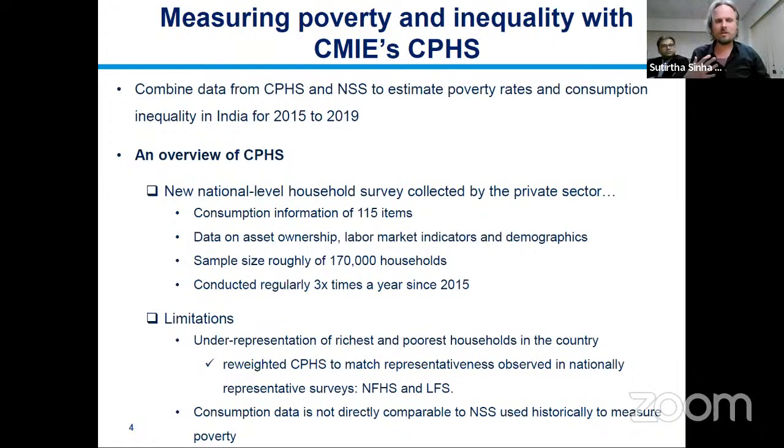And that means that without making necessary adjustments, these 2 measures of household consumption cannot be readily compared. And so if we want to compare our estimates of poverty derived from the CPHS survey to estimates of poverty that date back to 2011 obtained with the NSS survey, we'll have to account for that divergence. And that is the second challenge that we're going to tackle.